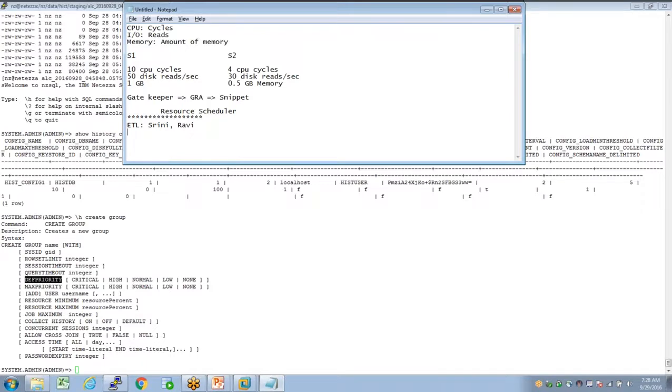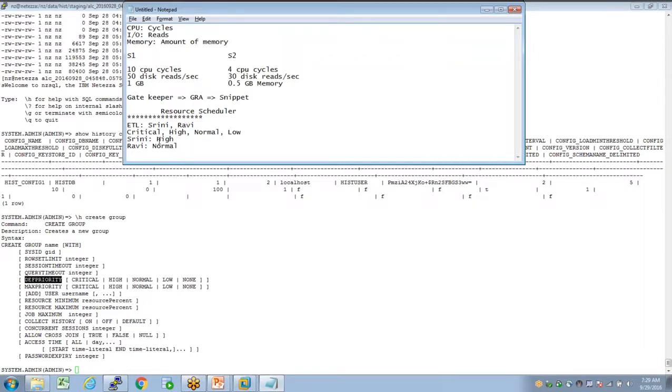I can have a user as critical, high, normal, or low. None is by default normal. So I can classify Srini as a high user, Ravi as a normal user.